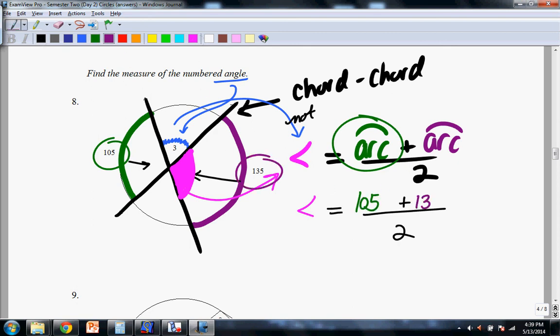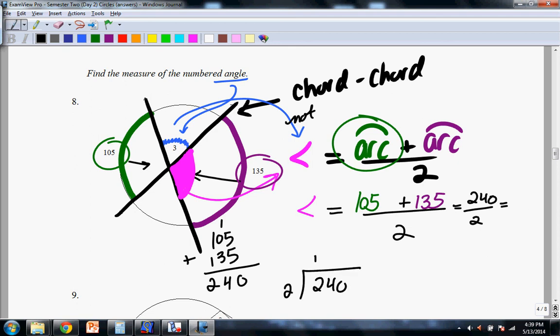The other arc, 135, over 2. We end up with 240 over 2. Divide that by 2. We get 120. So this angle right here is 120.